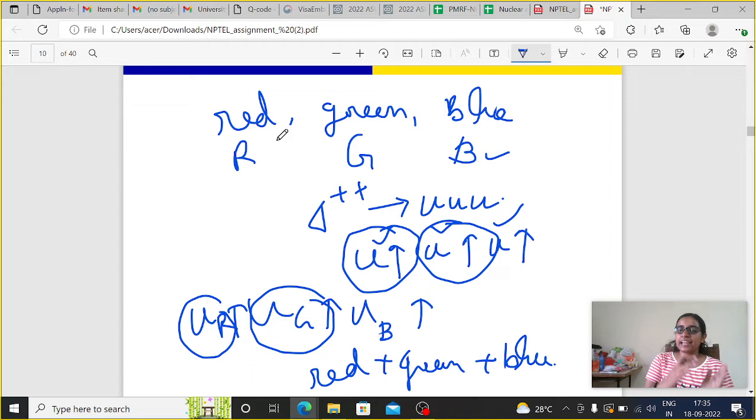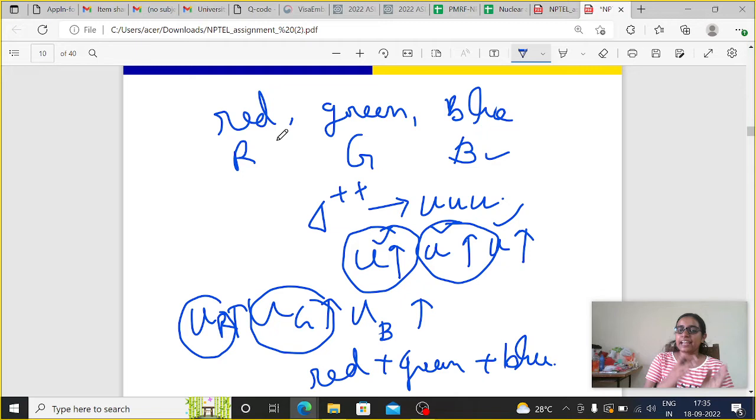Understand? It's very natural, and it's very much an analogy with painting. In painting, if we mix red, green and blue in similar proportion, the result is white.